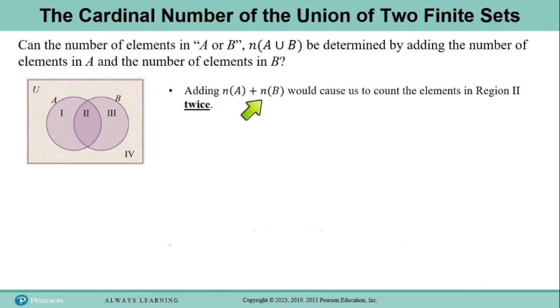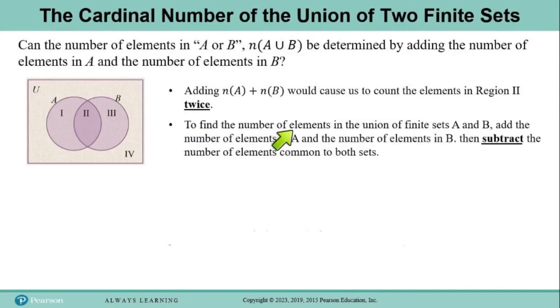Adding the cardinality of A to the cardinality of B will cause us to count the elements in region 2 twice if there's any overlap. So in order to find the number of elements in the union of set A and set B, we have to add the number of elements in A and the number of elements in B, and then subtract what's in the overlapping area because that's been counted twice.